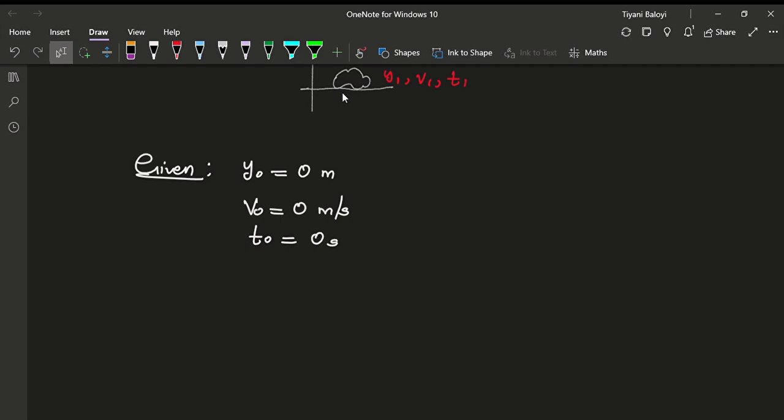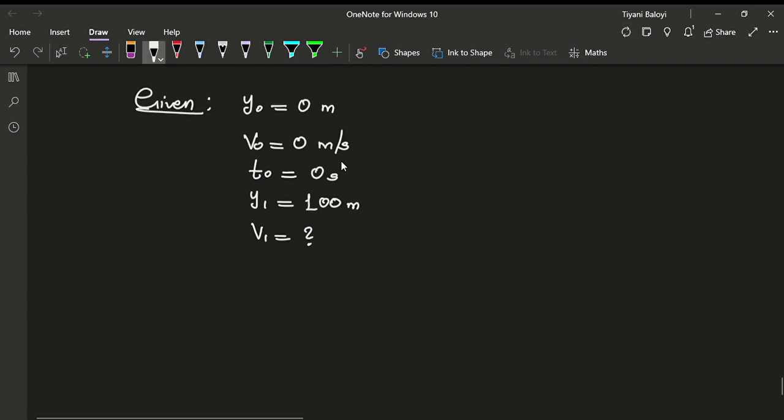And then y1 is 100 meters, and v1, we do not know what that is. That's the final velocity. In free fall, we know that we have a constant acceleration, which is due to gravity.